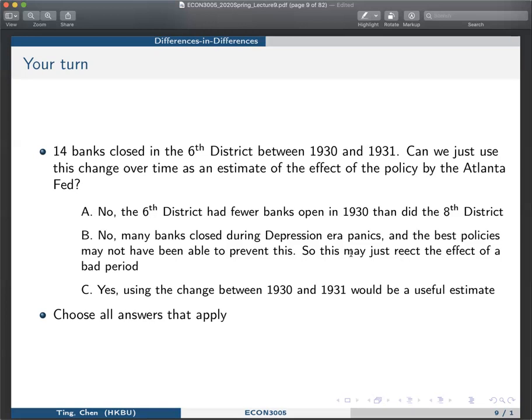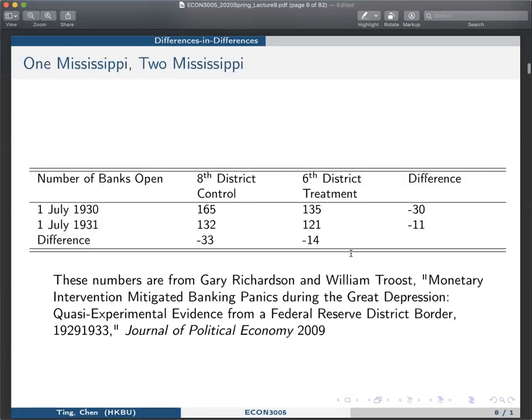So you have to eliminate the effects of this banking crisis from this outcome to get the true effects of the central bank's action.